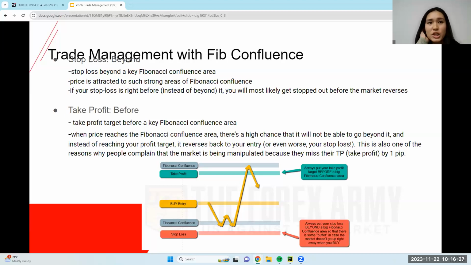So instead of reaching your profit target, we can often see that it will reverse back to your entry or worse, your stop loss. Okay, and this is another reason why people complain that the market is being manipulated because they might miss their take profit by 1 pip.